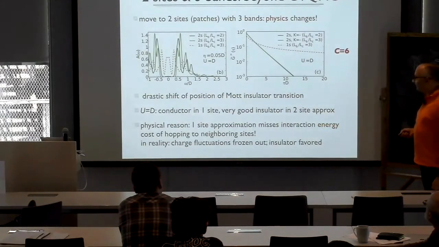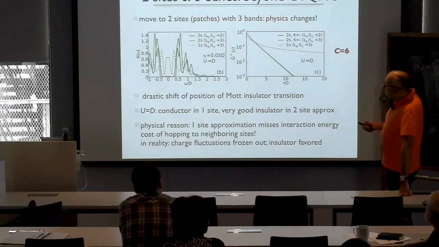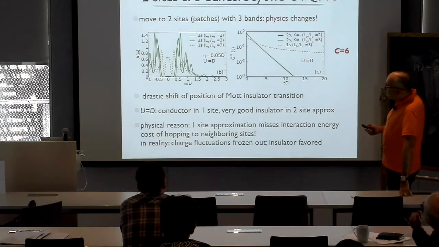And in fact, what you then observe is that the physics of the problem really changes. What we had previously in the simple 3-band calculation is that you had a large spectral weight at the Fermi energy, which now is replaced by a really huge gap opening here. And this is very, very robust under even very small bath sizes.